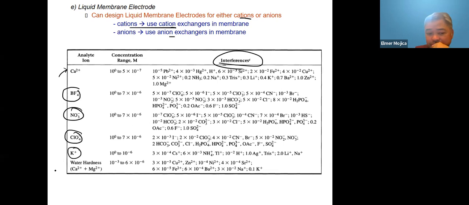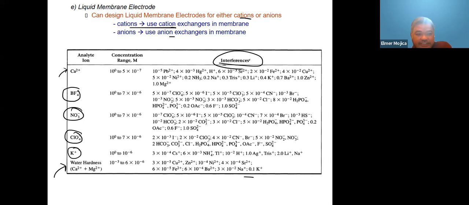Or if you want to use water hardness, you have both calcium and magnesium. But as you could see, you have to take into consideration doon sa interference na magagaling doon sa ions na present doon sa solution mo. Okay?